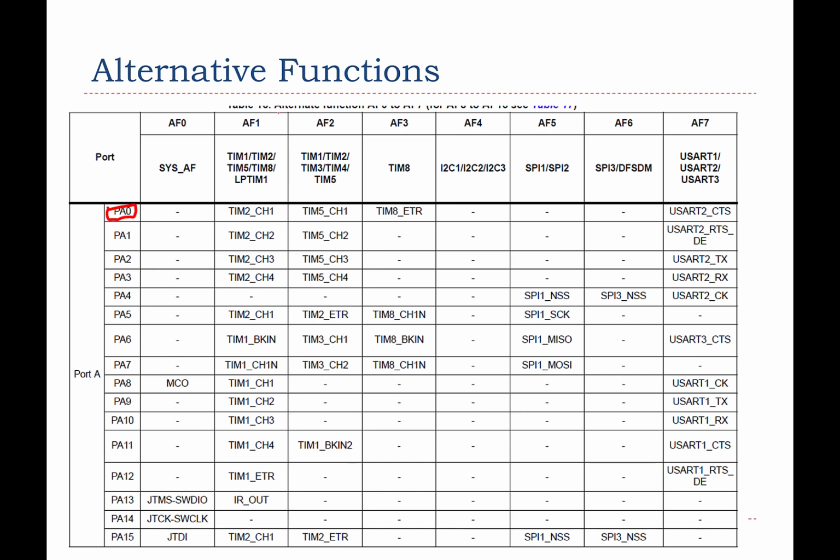If we choose 1, that means we're choosing alternate function 1. So that means the timer we will be using is timer 2, channel 1. So that's what will be hooked up to pin PA0 on our board.